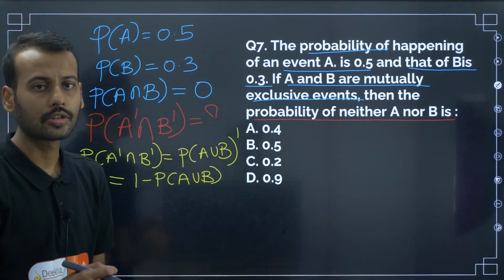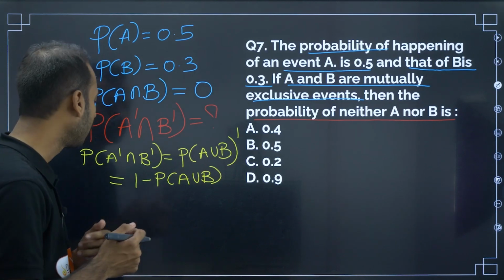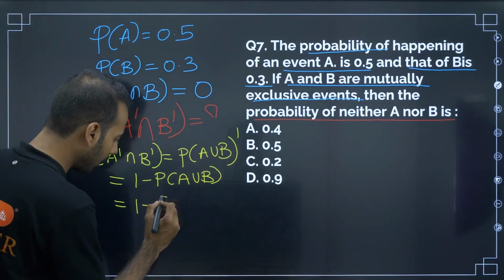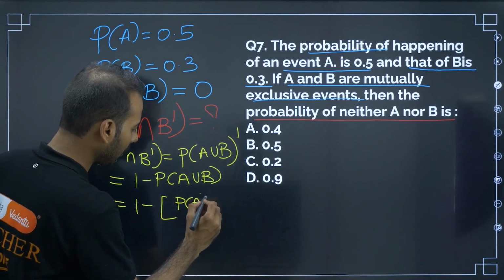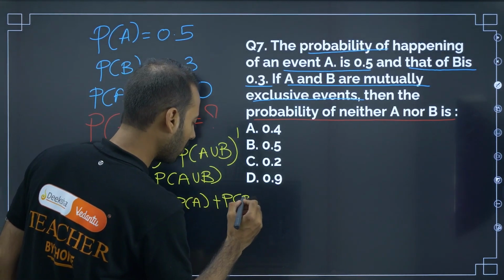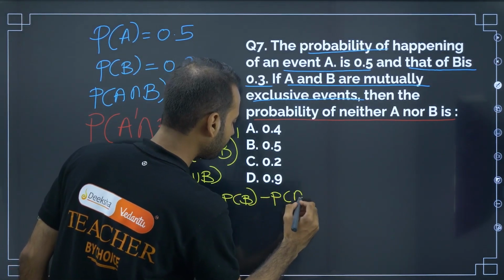If you don't know it, please go through it; if you know, it is a good thing. Next, P of A union B is P of A plus P of B minus P of A intersection B.